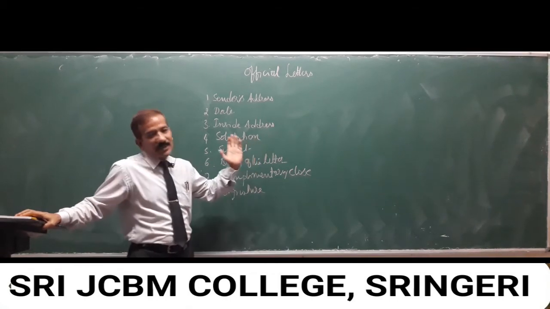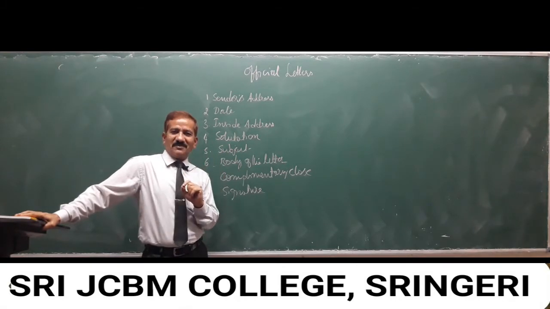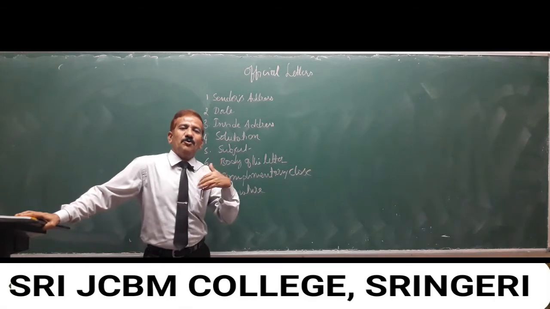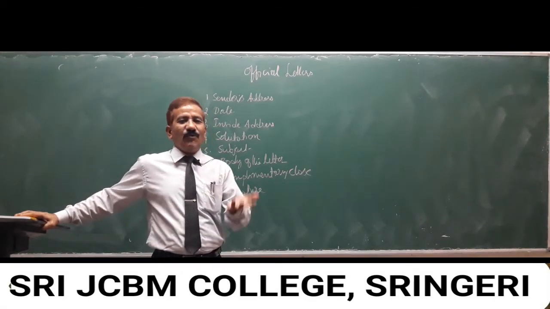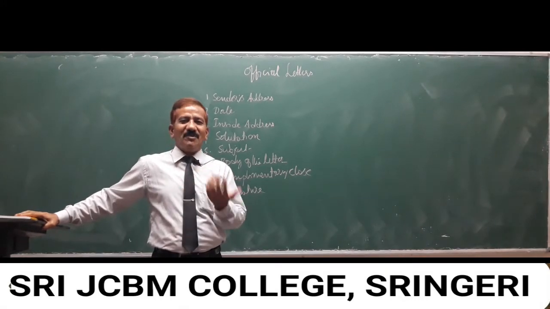In the official letter there is a fixed pattern, whereas it is not so in informal letters. Whom you write to and why you write may vary from one page to several pages in informal letters.